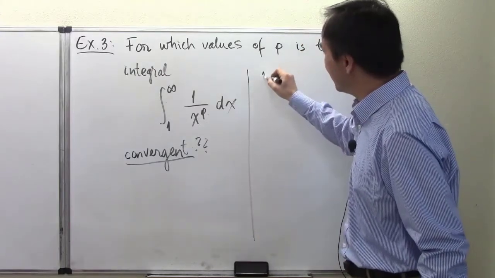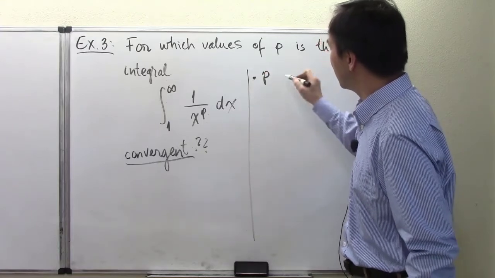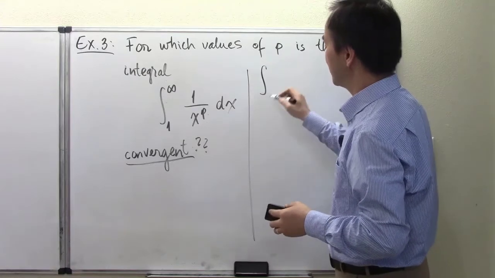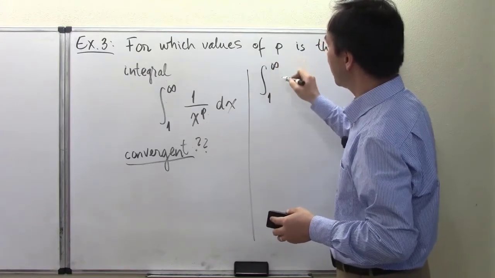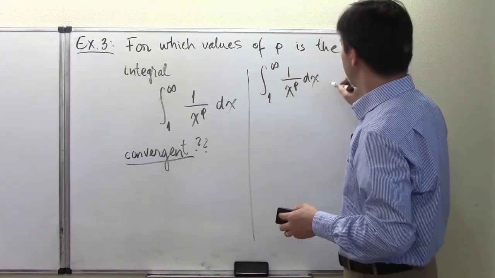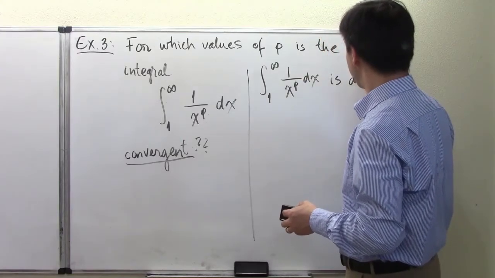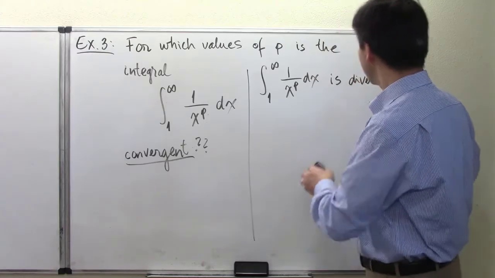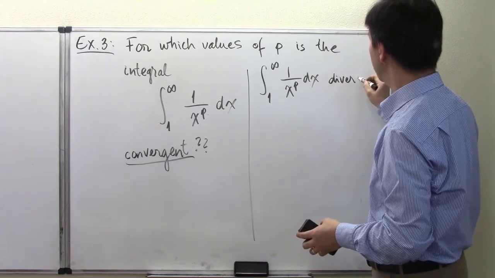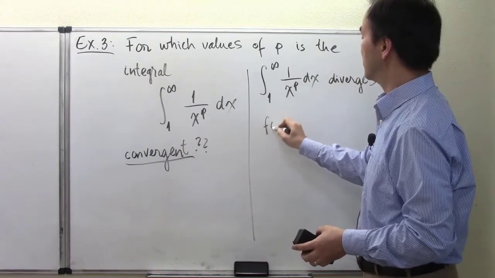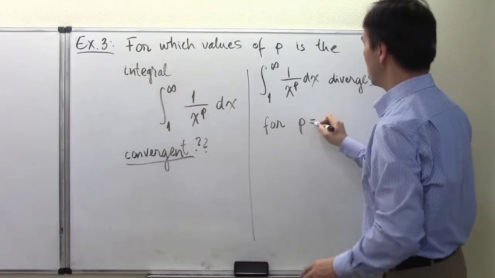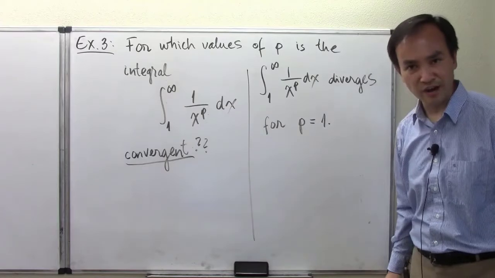Now I can say clearly that specifically this integral from 1 to infinity of the function generally in the form 1 over x to the p dx diverges for p exactly equal to 1. That's one case we nailed down so far.